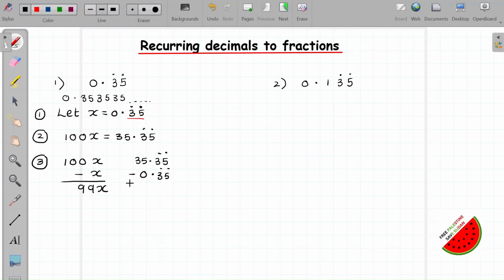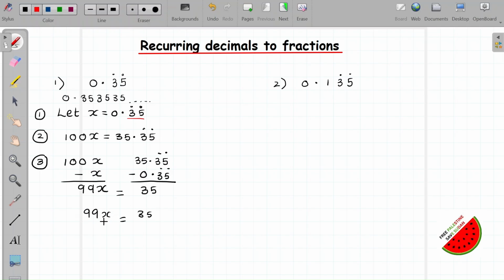And when I do that subtraction, all of the recurrent digits after the decimal point will cancel each other out to give you 35. So at this point, I have 99x is equal to 35.